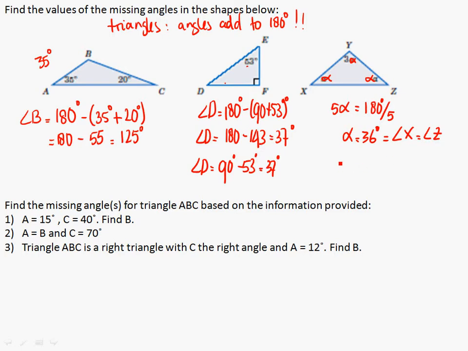That still leaves you with angle Y. Angle Y must be how much then? You can do 3 times 36, which is 108. Or you could have done 180 minus 36 and 36, which is 72, and all that. It's probably faster to do 3 times 36 here, isn't it? Okay, so that works. We're good?